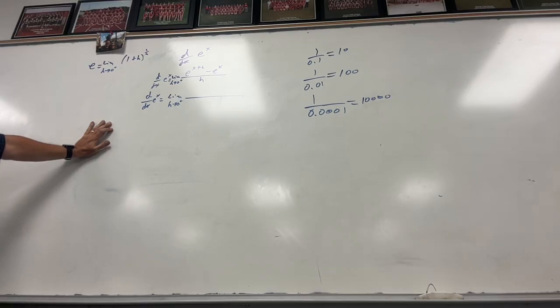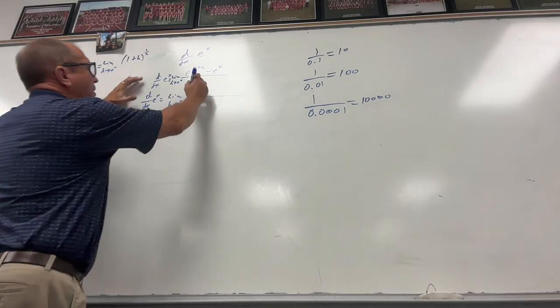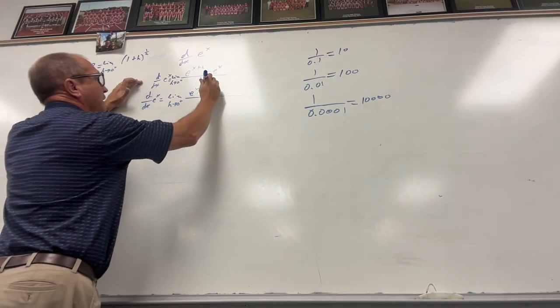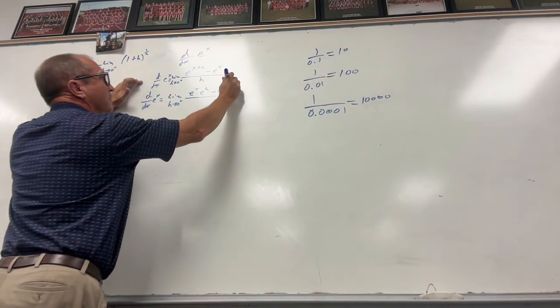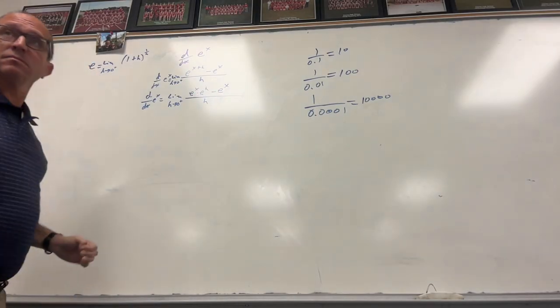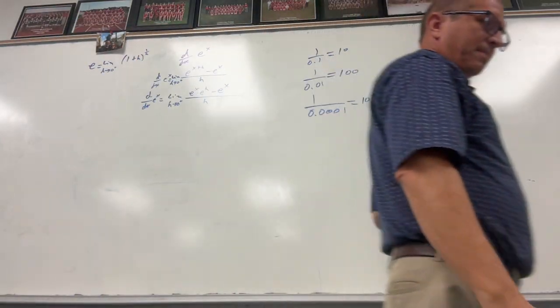Multiplication with like bases, right? So I'm going to turn e to the x plus h into e to the x times e to the h. Are we okay with that?